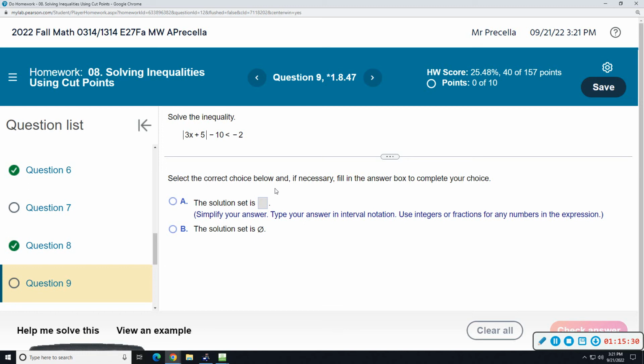Well, absolute value of 3x plus 5, then a minus 10. Hopefully, that's not a 13x plus 51. Those are absolute value bars. I make them look darker, but they seem to make them lighter than numbers.